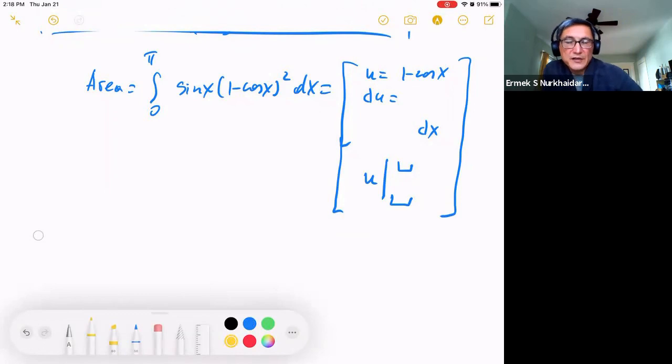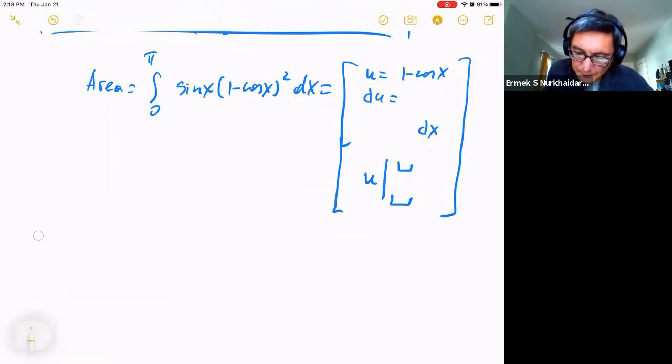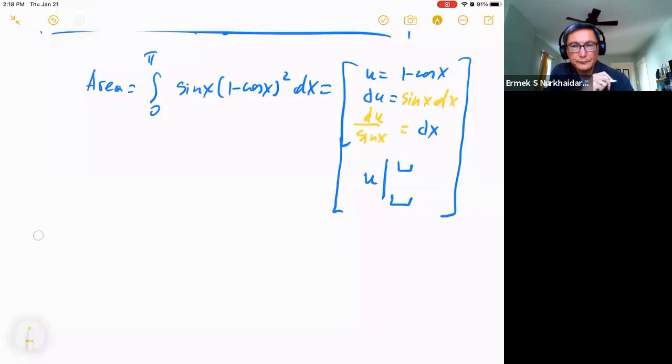So derivative of cosine is negative sine. Derivative of negative cosine will be positive sine. So du equals sine x dx. So du divided by sine x equals dx. Okay. x is changing from 0 to pi.